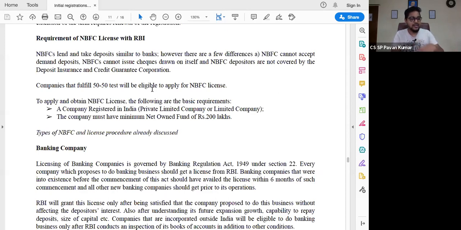The basic understanding is that I have to get registered as a company under the Companies Act, and I should have a minimum paid up capital of 2 crore rupees. I can be either a private limited company or a public limited company. If I'm a private limited company, I'm not allowed to accept deposits. If I'm a public limited company, I can accept deposits. If I satisfy these basic conditions, I can apply to RBI for an NBFC license. It's again an online process.